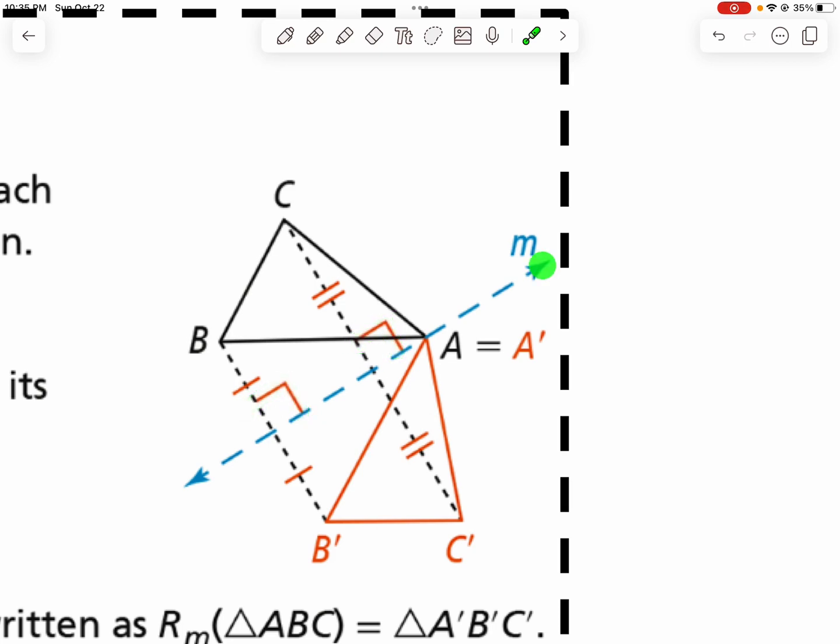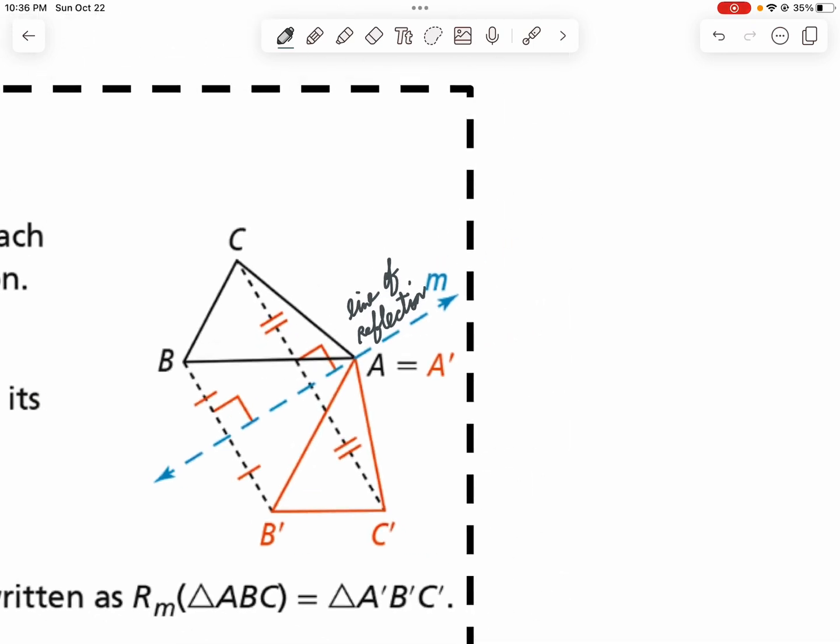Now, this line here, we reflect across it, so we simply call that line the line of reflection. Okay? All right. A reflection reflects across a line of reflection, and objects stay at a certain distance.